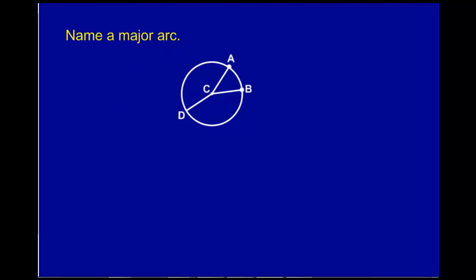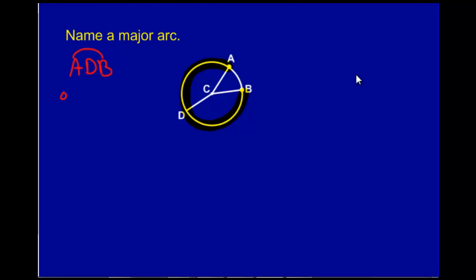Now when we want to do a major arc, we're going to need three letters for this. So what would a major arc be? Well, let me get the highlighter here again. Let's say we start at A. We need to be more than 180, so we're going to go A through D to B. And so we would call that arc ADB, using three letters.